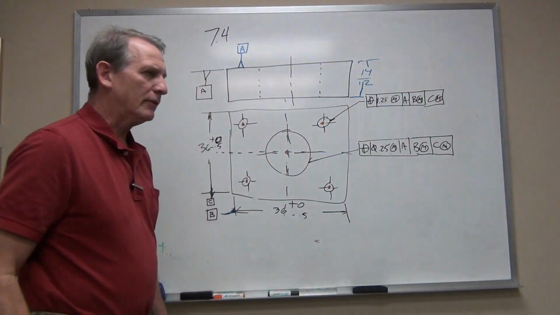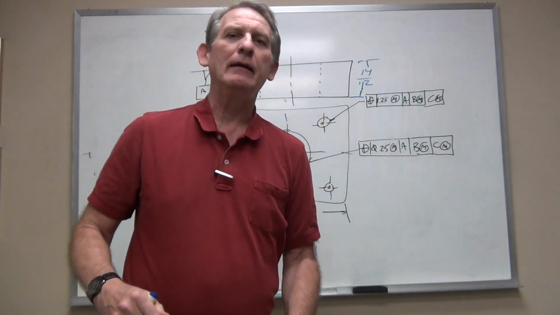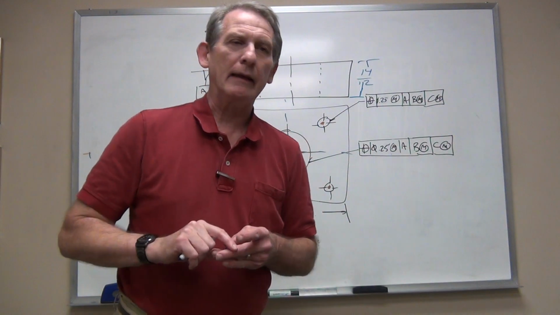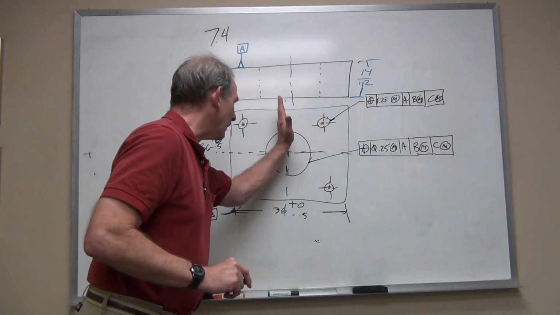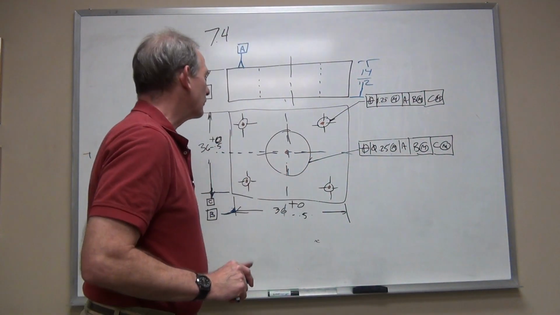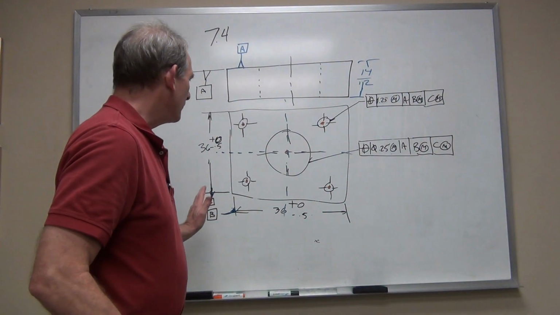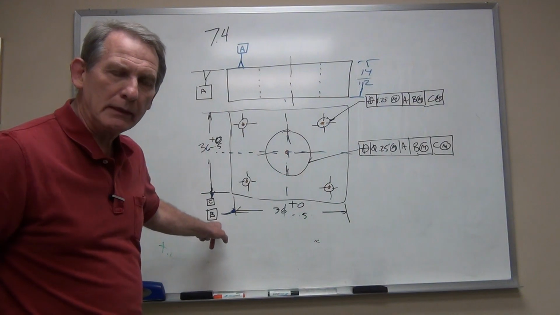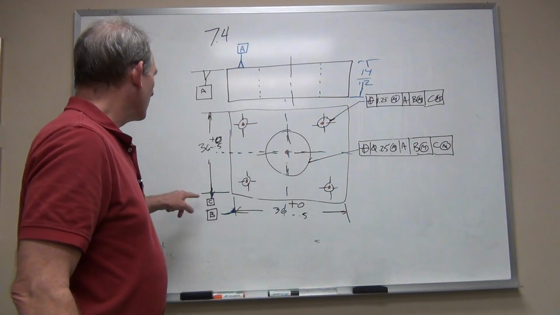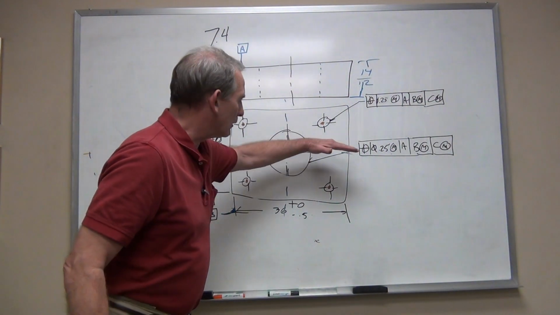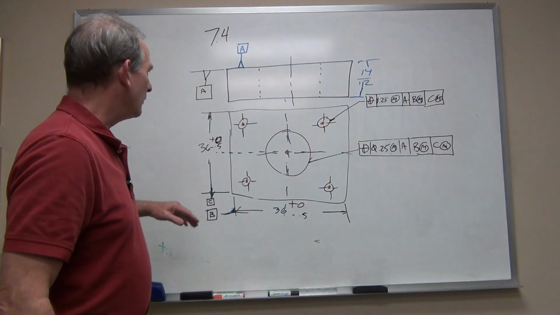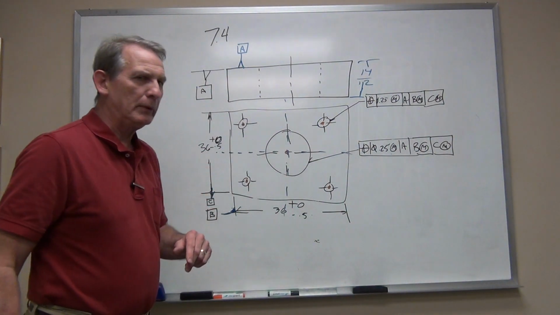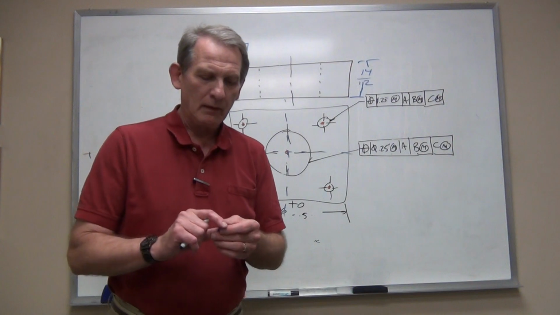And in the case of this block, it is a median plane. So we have a plane, an imaginary plane, passing through the hole in a vertical orientation. That is the derived median element for datum B. The horizontal plane passing through the hole is the derived median element for C.